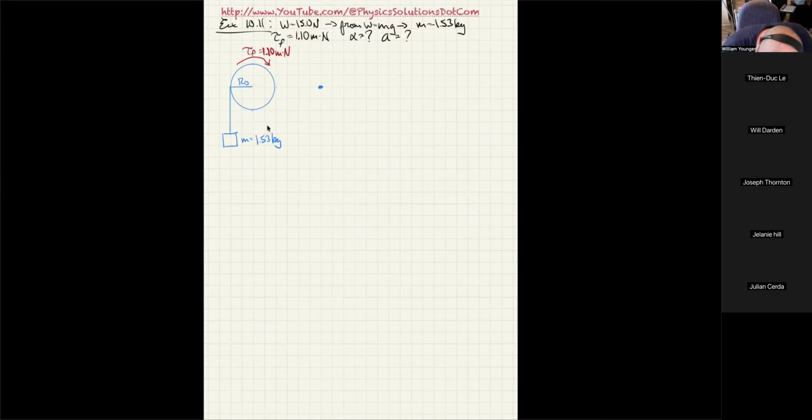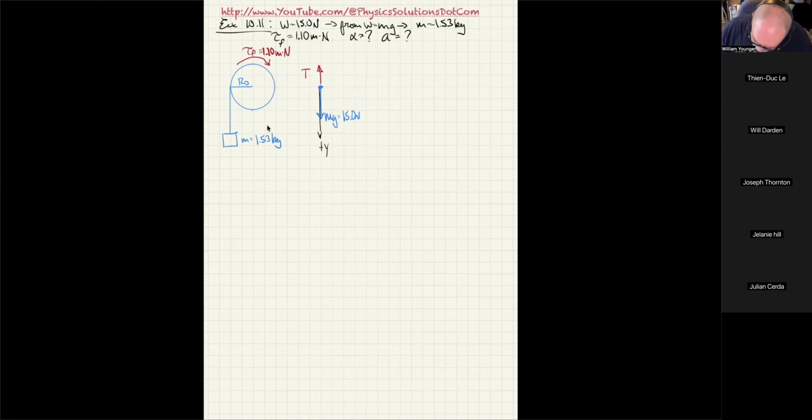So I'm going to say this is my positive y-axis. I have acting on it a force mg equal to 15.0 newtons, and acting upward on it a tension T. That's the only tension to deal with.